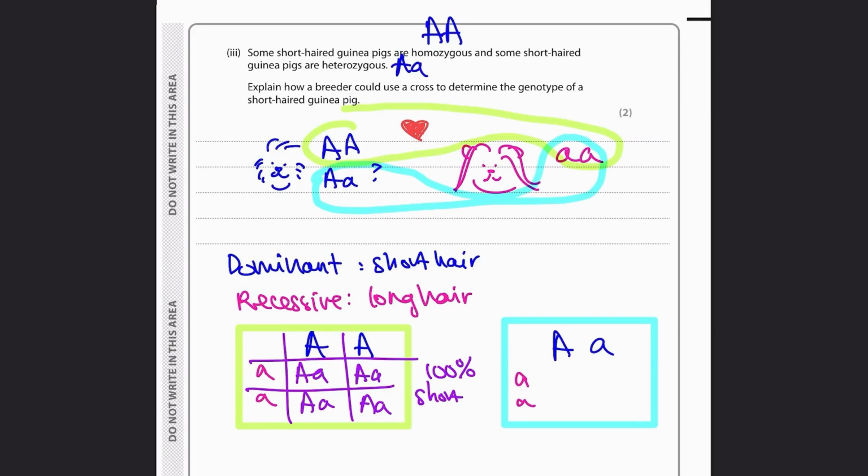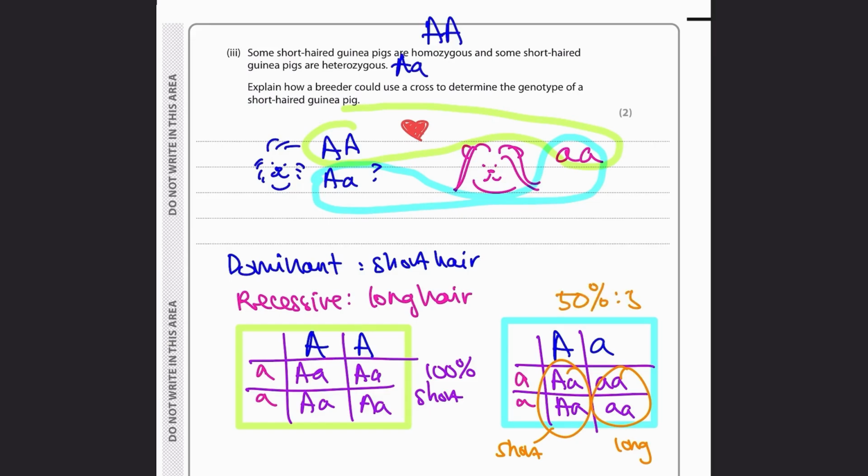Now the genotype of the kids is big A, small a, small a, small a, big A, small a, small a, small a. What ratio is this? How many percentage are short? Short is dominant, so anything with the capital letter is short hair, and this is the long hair. This is a 50-50, isn't it? This is a 1-to-1 ratio, 50% to 50%.